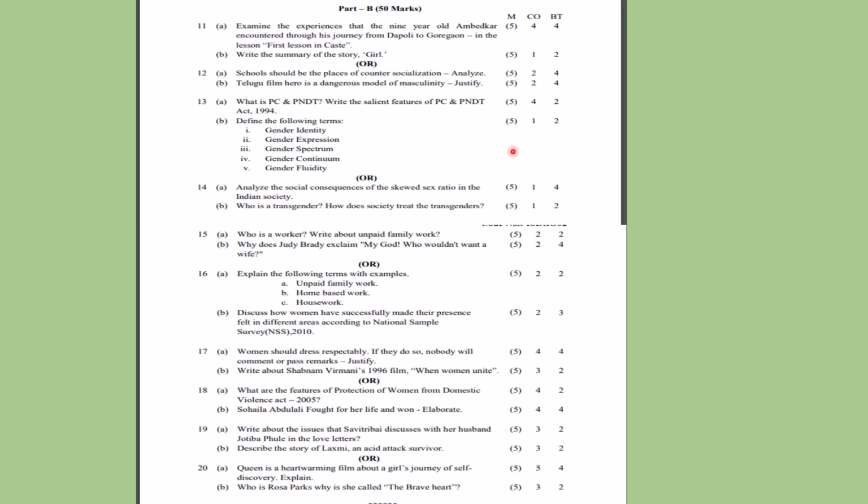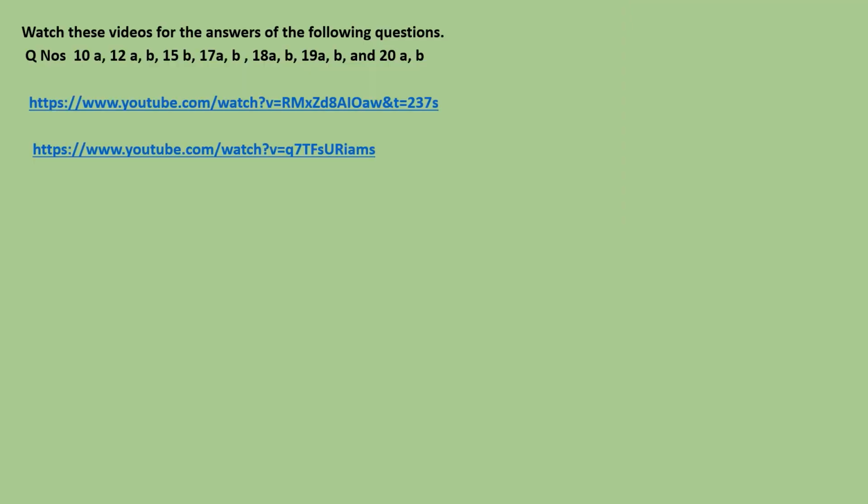Each question carries 5 marks, or sometimes there may be a difference in the marks allocation depending upon the size of the answers you are going to write. Some of the answers I have not given here, students. I have already made videos for these questions, so you can watch those videos for those answers.